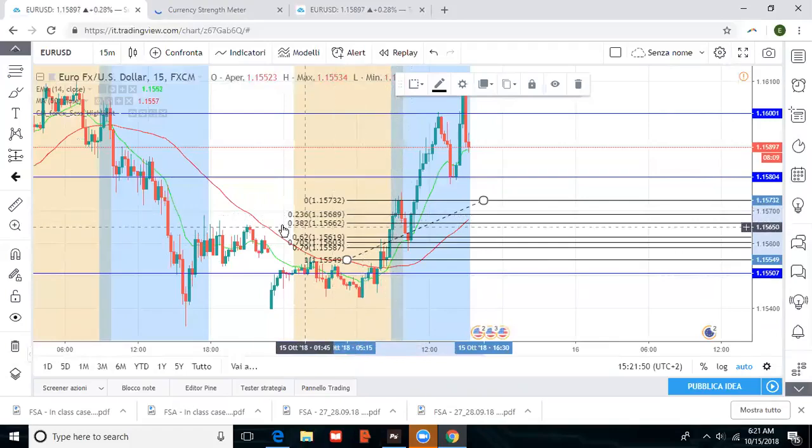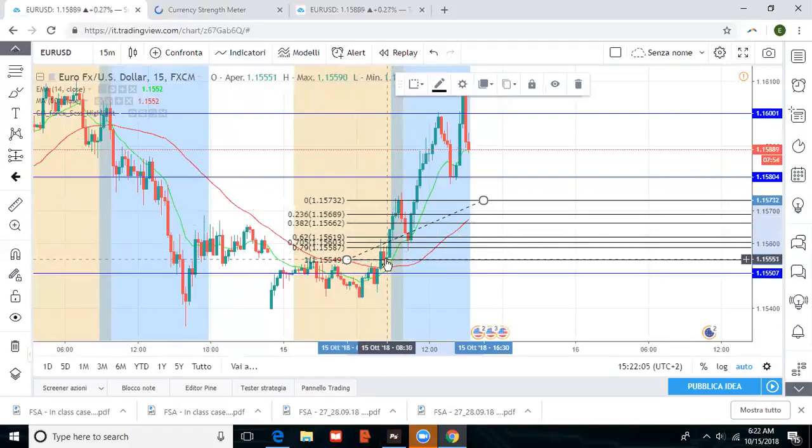It means that it broke this high right here and this high right here. So you want to start running your Fibonacci levels from the leg that breaks market structure.